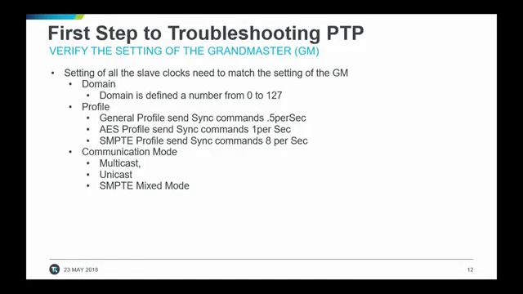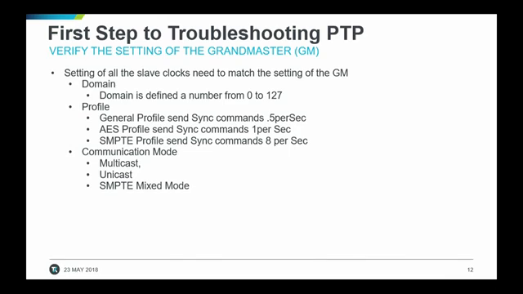What domain? All your PTP devices have to have the domain number filled in. If it's the same, you probably talk. If it's not the same, it's never going to talk. So the whole idea is configuration. What profile? In the world we live in, the SMPTE profile is typically what we're going to be utilizing, and that sends commands 8 times per second.